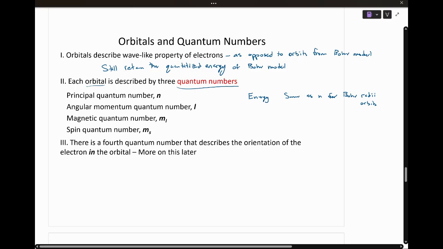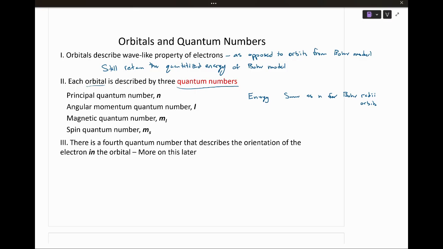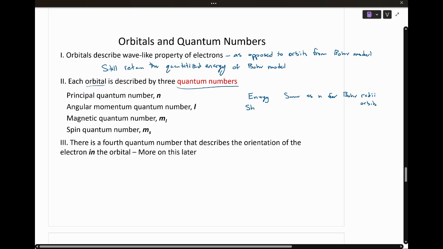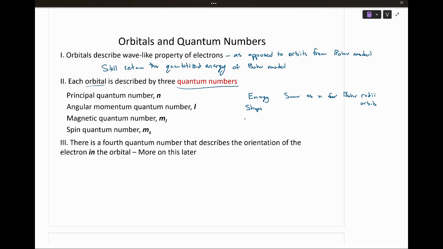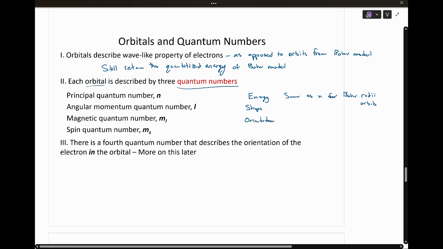We have the angular momentum quantum number, which is going to tell us about the shape of the orbital. We have the magnetic quantum number m sub L, which is going to tell us about the orientation in space of your orbital.